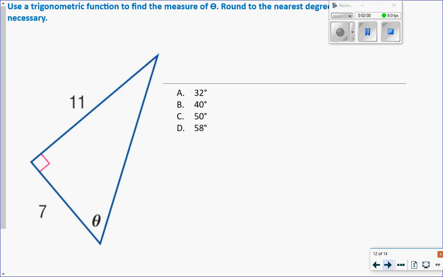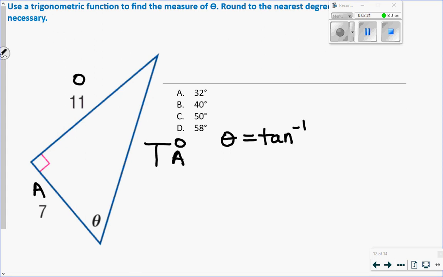We don't know theta, but we do know the opposite side and the adjacent side. So O and A form the tangent ratio. So theta equals tangent inverse of O, which is 11, over A, which is 7.